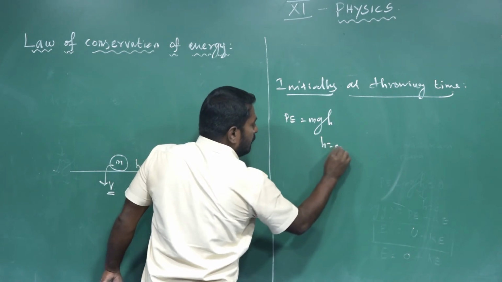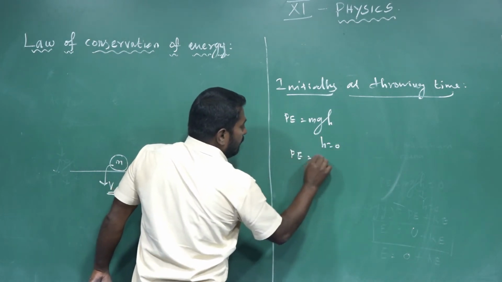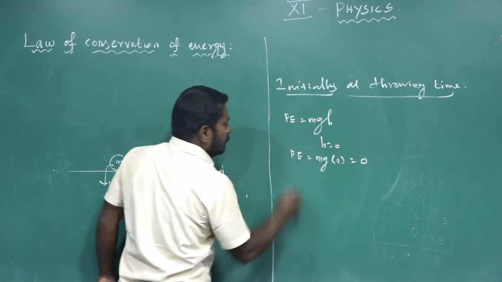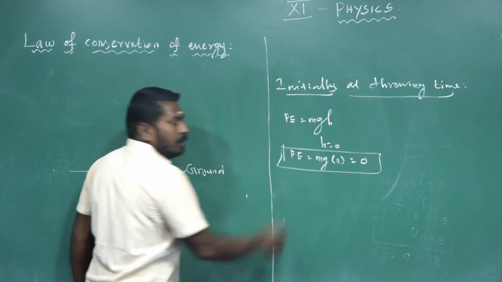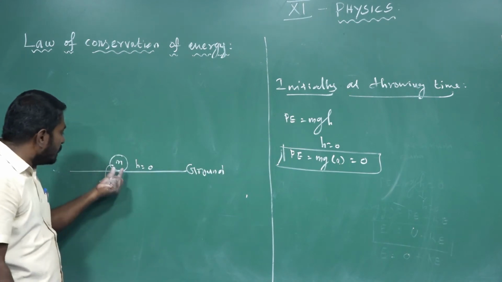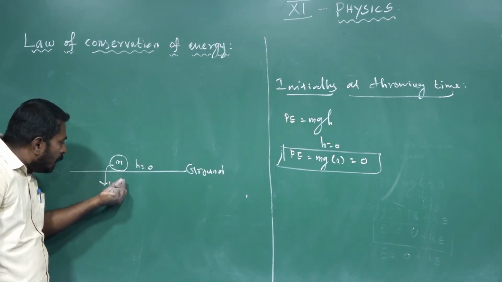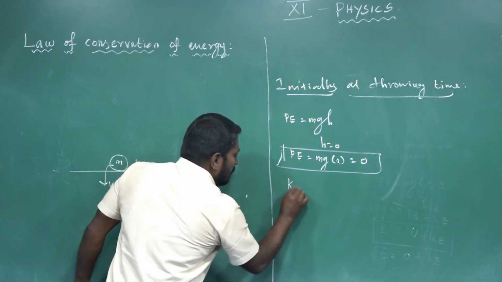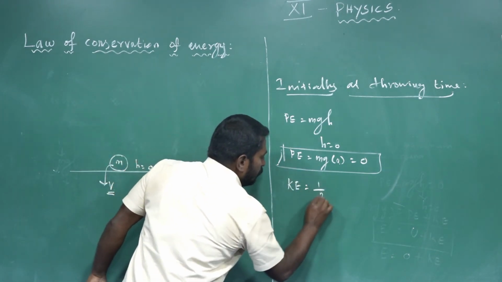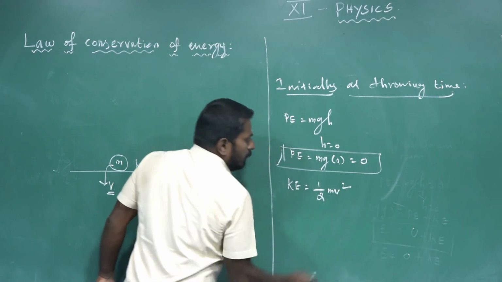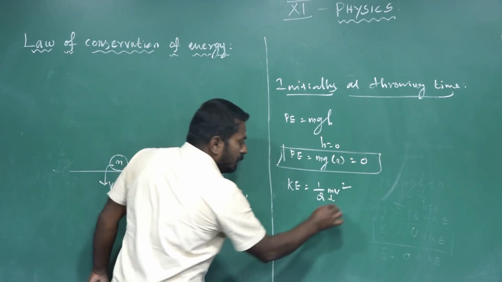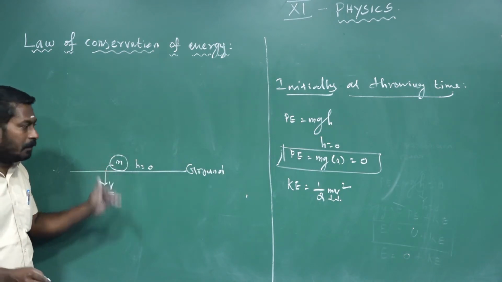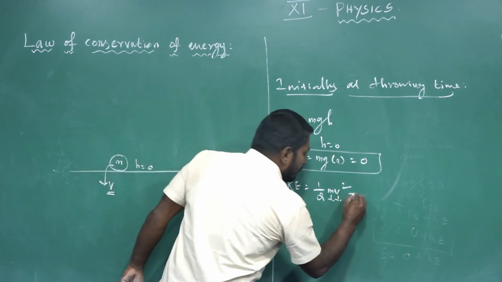Here the height of the object is 0, so potential energy is mg times 0, which is 0. So what happens to kinetic energy at that instant of throwing time from the surface of the ground? Kinetic energy is equal to half mv squared. The mass of the object is there, and the velocity at that throwing time is maximum, so kinetic energy is maximum.